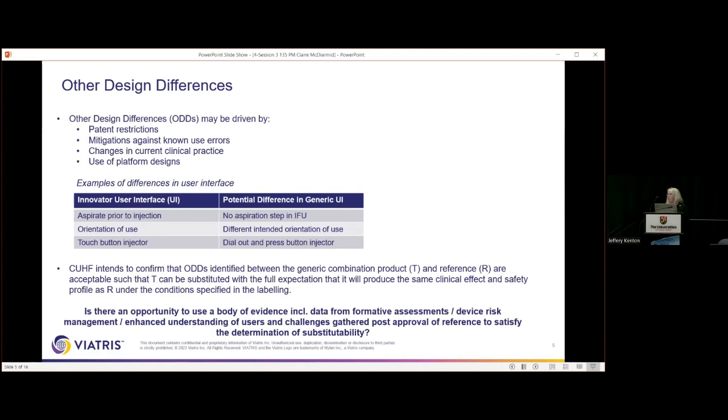But what I'd like to talk about is the challenges we face in doing so. I've been very pleased to hear, as the presentations have progressed today, from the agency that there really is an opportunity to use other methodology. Comparative use human factors is one methodology that can be used, but we need to talk about other options. And it may well be that there are good reasons to look towards those other options in specific circumstances.